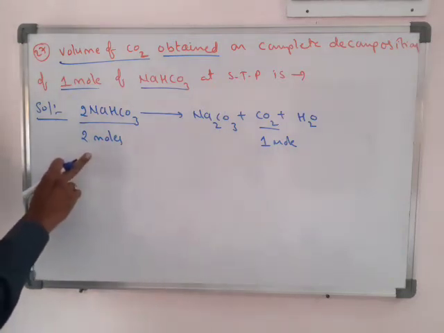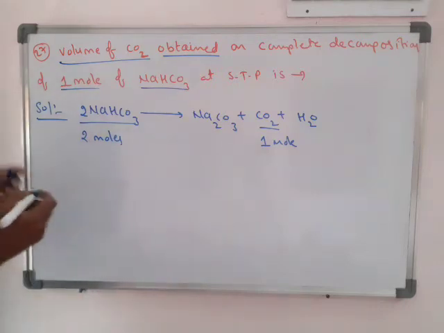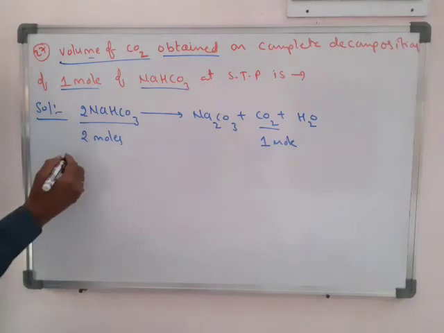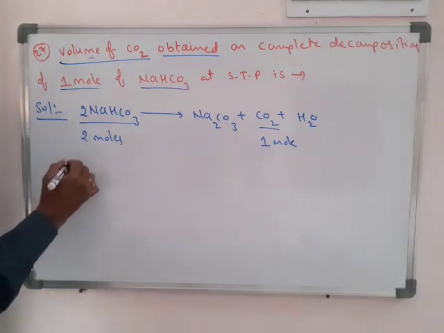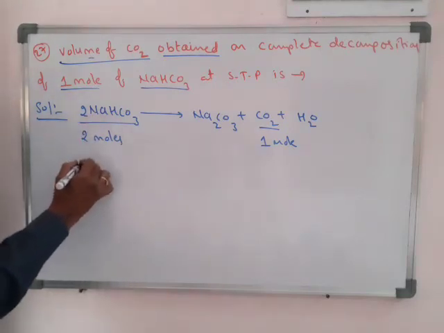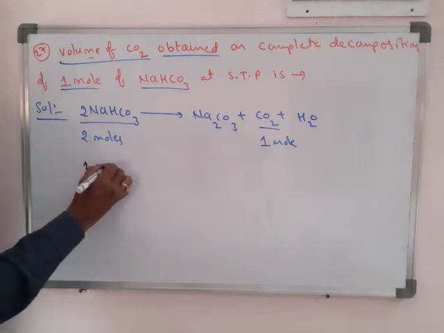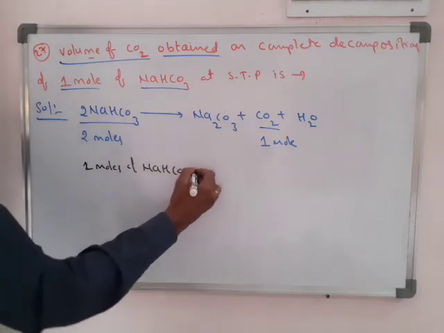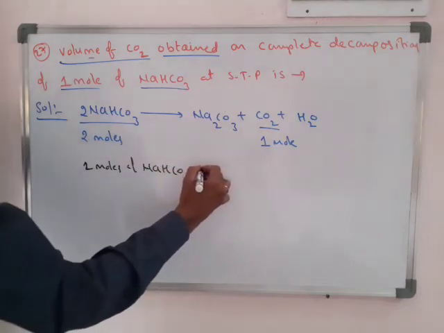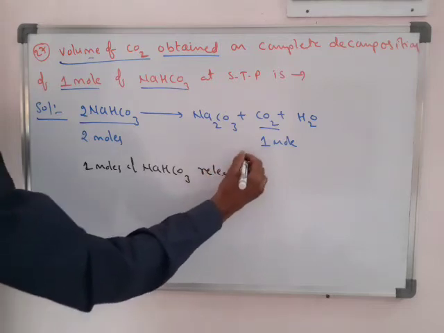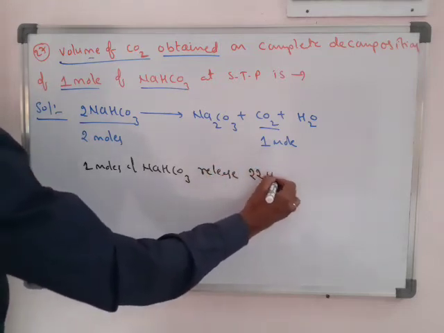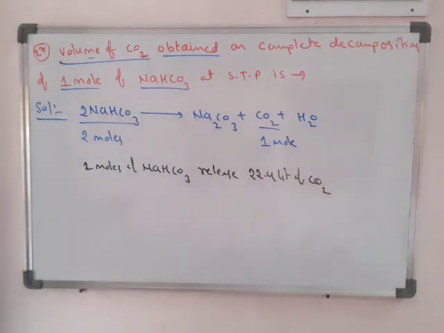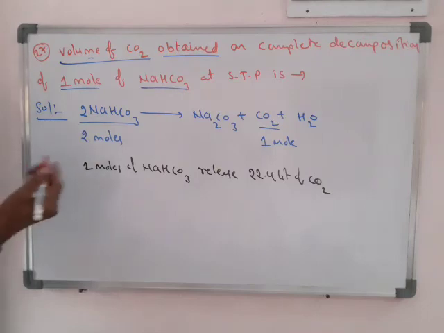It must be in terms of moles, no problem, but it should be in terms of volume of CO2. So for 2 moles of NaHCO3 it releases 22.4 liter of CO2. Then what about 1 mole?